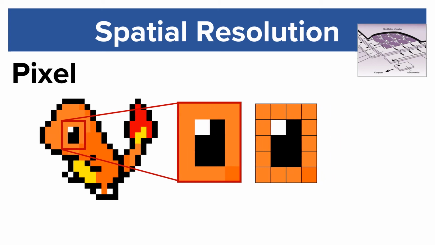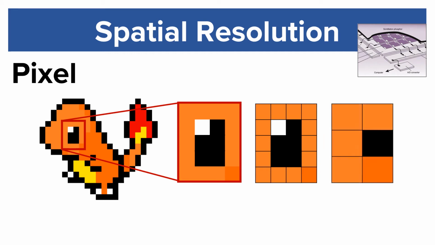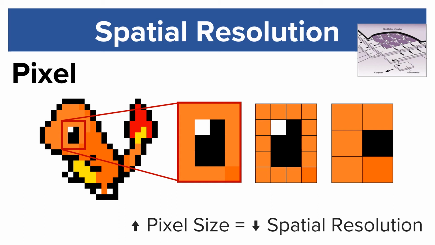If you were to increase the physical size of the pixels, like in the far right image, you would notice that there is a decrease in spatial resolution because the large pixels cannot resolve nearby structures.